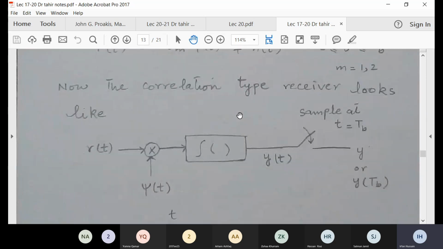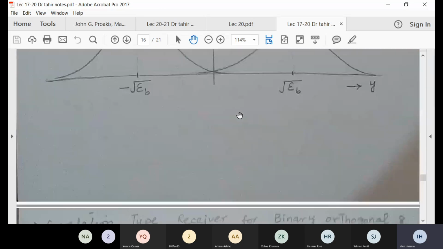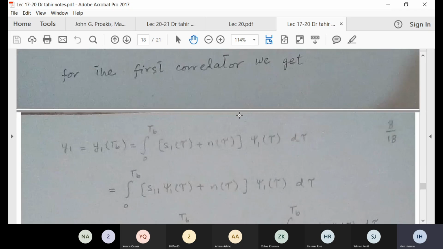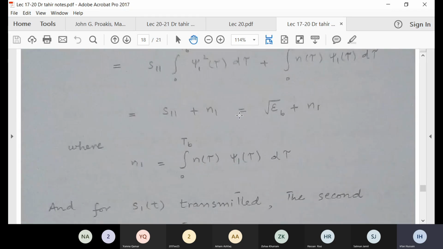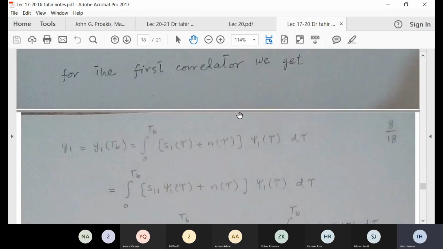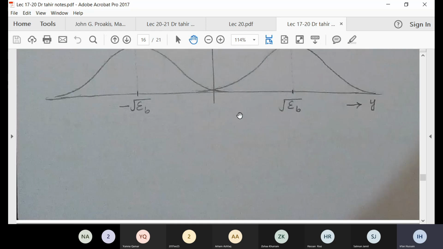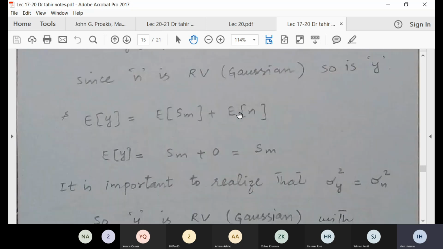So if you see these lecture 20 notes, you can find some of the mathematical steps which I just explained in words. They are actually written in detail, so you can very well see them.